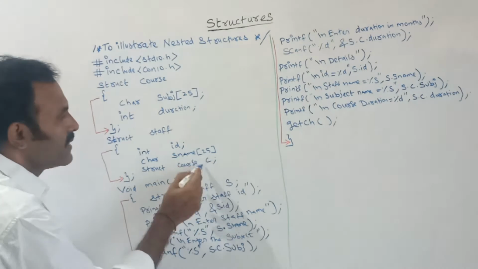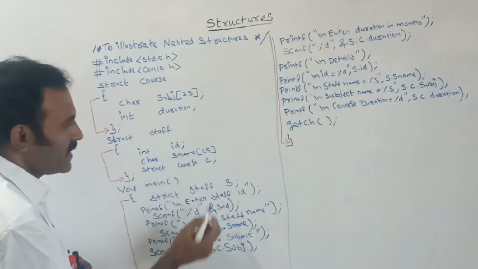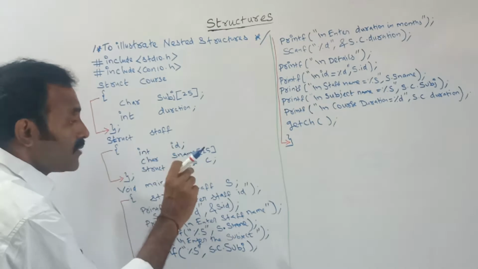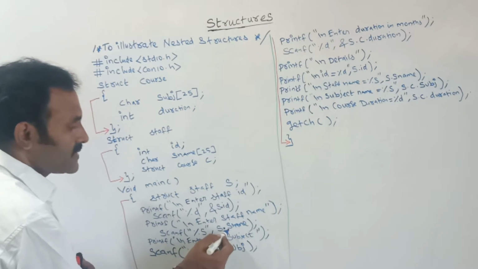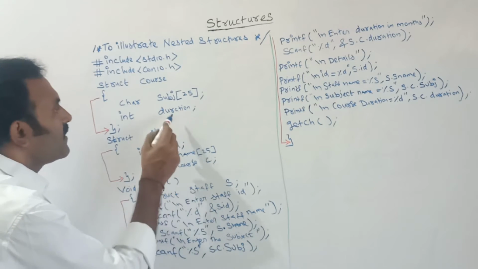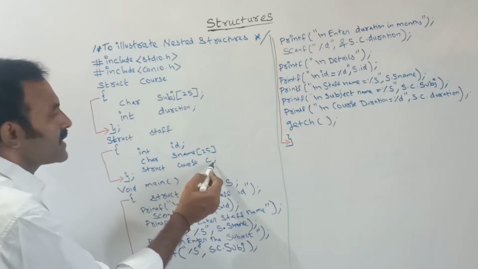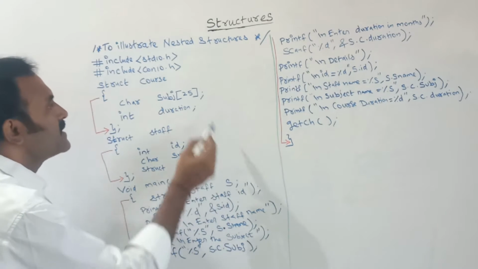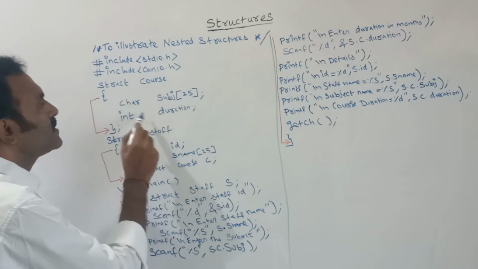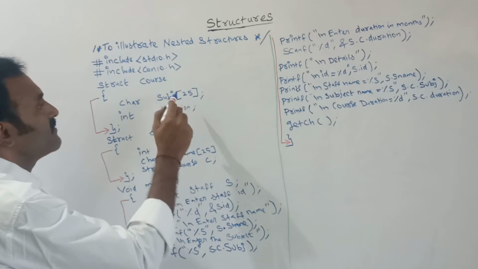This structure variable name is C. So here I need the dot operator twice. First one for this S, next S dot. For this course I had created the structure variable as C. So S dot C dot, inside this C, that is inside the course, the structure member subject is there.